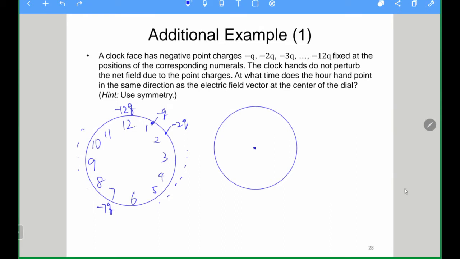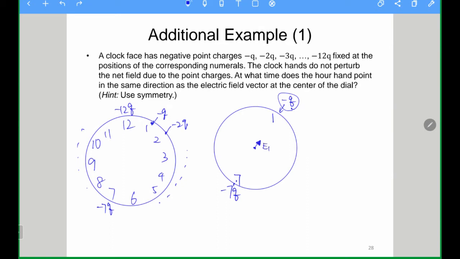For example, here it is 1 and here it is 7, so we have negative Q here and negative 7Q here. The negative Q charge will generate an E field pointing this way. This is E1 due to the negative Q charge.